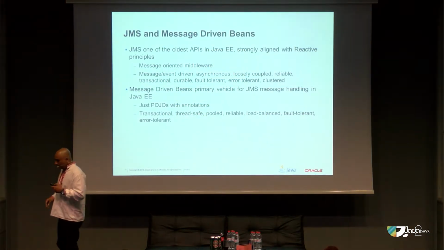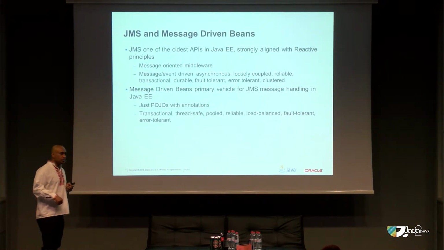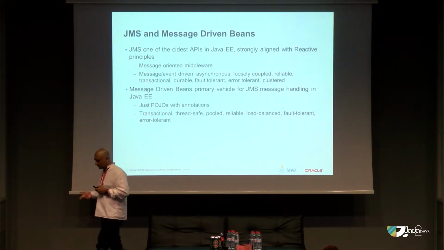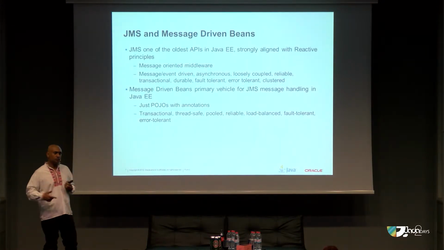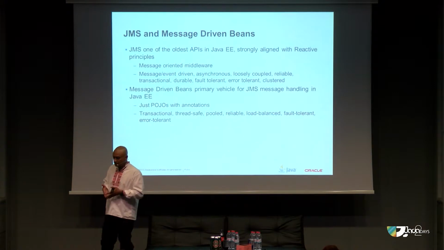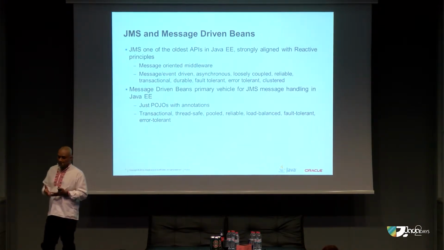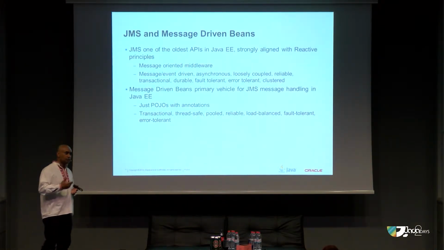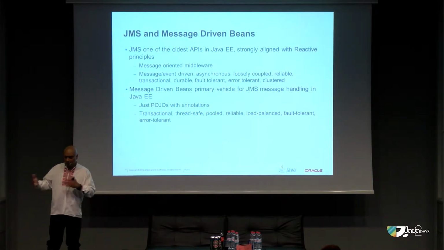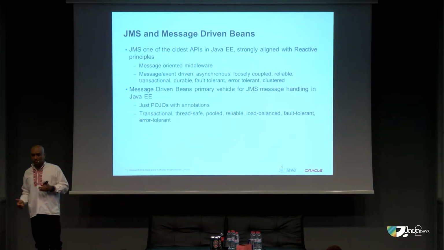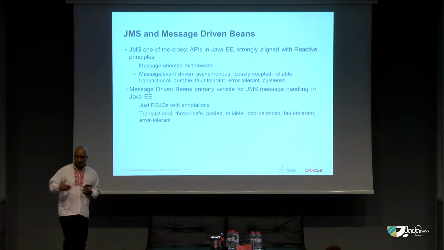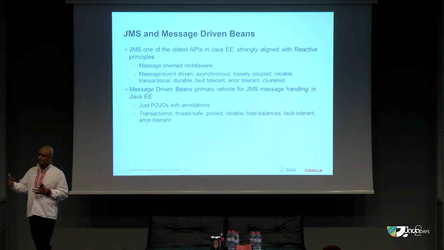So let's start at the oldest and perhaps the most significant reactive API that we have in Java EE, and that is nothing more than JMS. JMS at heart is designed for message-driven and event-driven code, for processing messages and events in an asynchronous fashion. However, more than that, it does so in a loosely coupled, highly reliable, transactional, durable, fault-tolerant, error-tolerant, and clustered way.